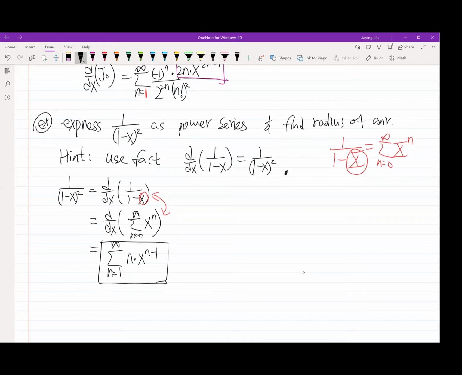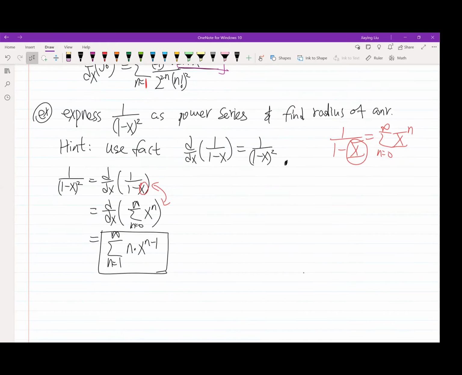Now, what about the radius of convergence? So to find the radius of convergence, in this example, we're going to focus on the series that we found, which is this one. This is the series we had before we take the derivative, right? What is the radius of convergence of this one? Well, we know that when we apply the trick, this series is convergent for absolute value of x is less than 1, right?